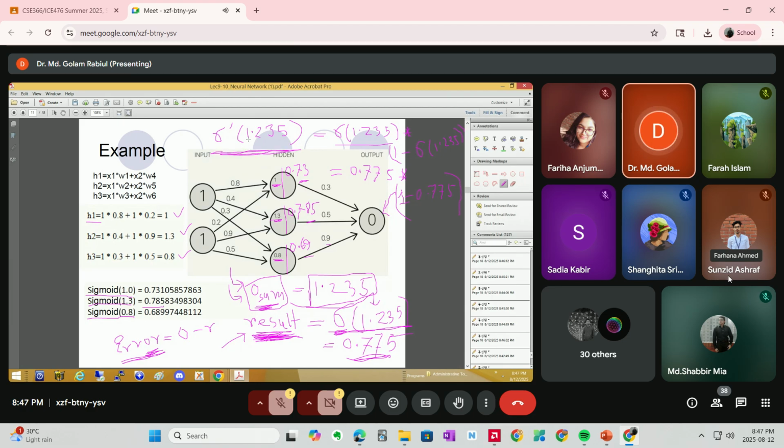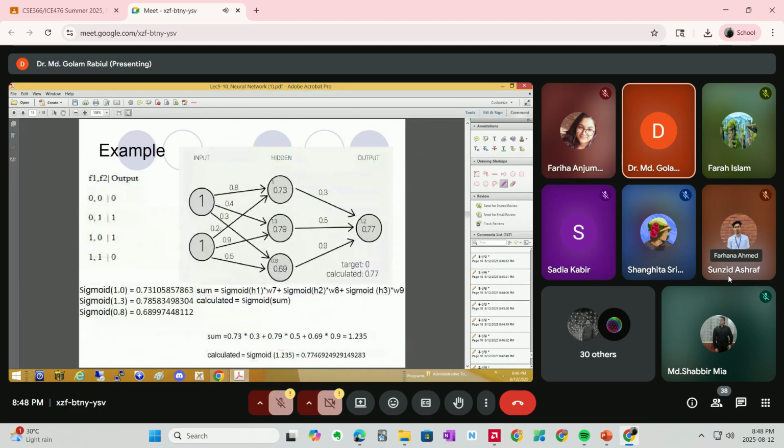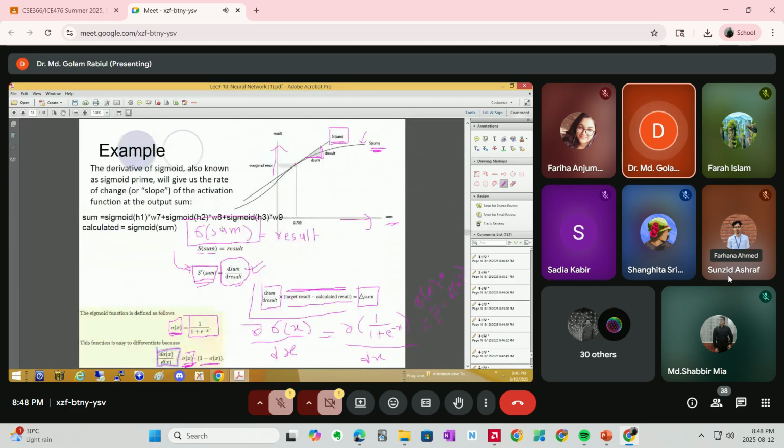So that means it's easy to calculate the derivative if we know the sigmoid. If we know the sigmoid, then the derivative of the sigmoid will be that sigmoid times 1 minus the sigmoid. So it's easy to calculate, and there is no need to calculate anything more. Utilizing the sigmoid, we can find the derivative of the sigmoid also.